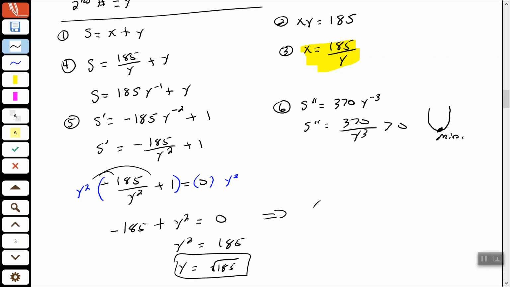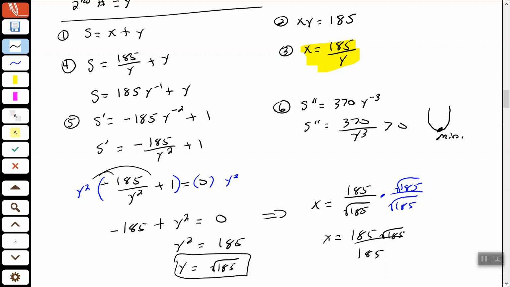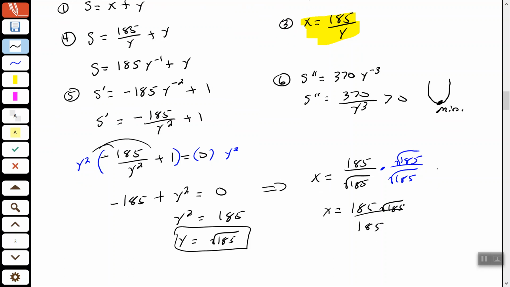So let's move out here, and x equals 185. We know that y is the square root of 185. All right, and then let's get that square root out of our denominator. So we get 185 times the square root of 185 all over, when we multiply the square root of 185 times the square root of 185, that's just 185.